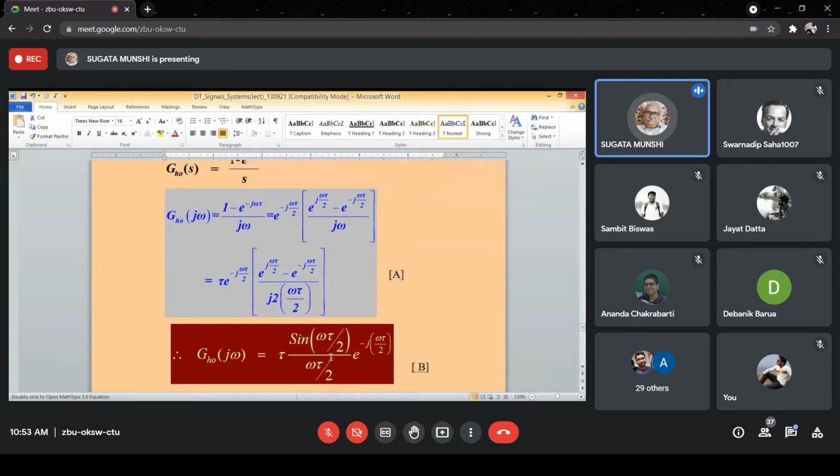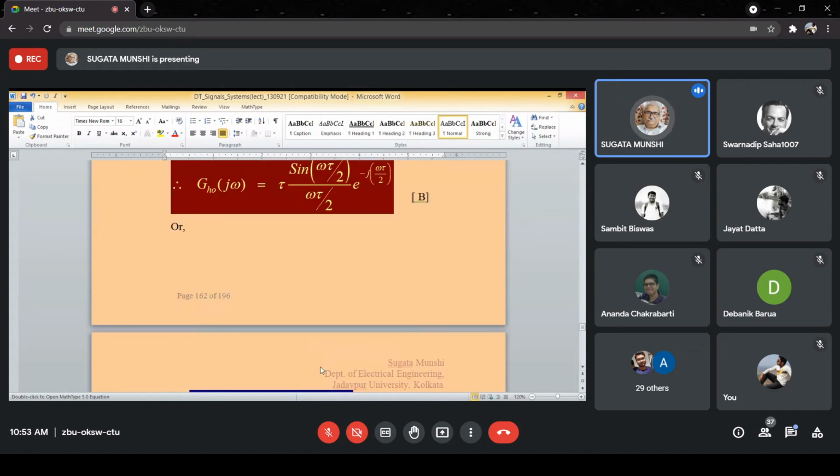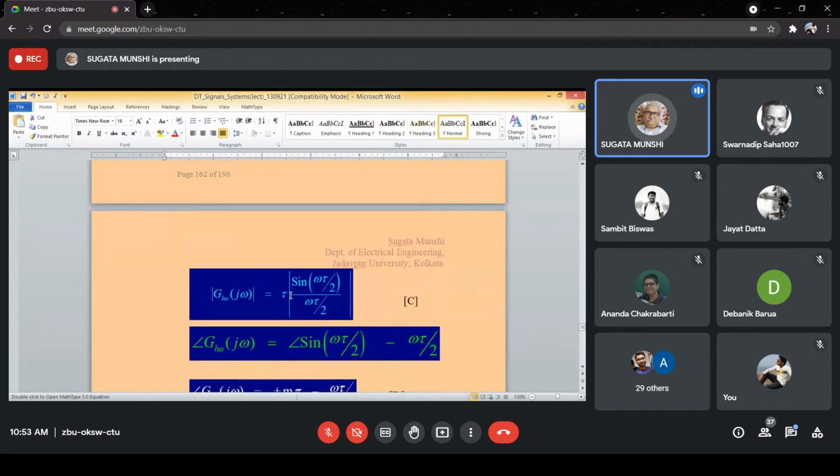So what will be the amplitude response function? The exponential term will have no contribution to the amplitude response. The amplitude response function will simply be tau into the magnitude of sine omega tau by 2 divided by omega tau by 2. That is the expression for the amplitude response of the zero order hold.